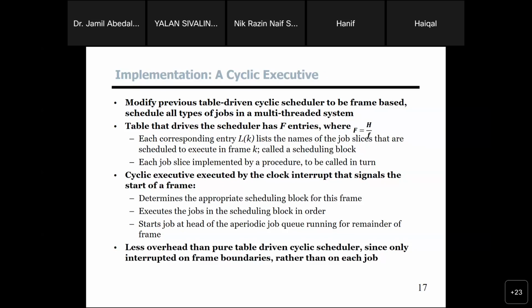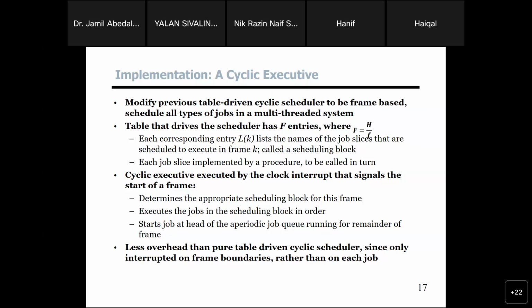Each corresponding entry, L(k), which is the current block, lists the names of the job slices that are scheduled to execute in frame k. We call it a scheduling block. Each job slice is implemented by a procedure to be called.